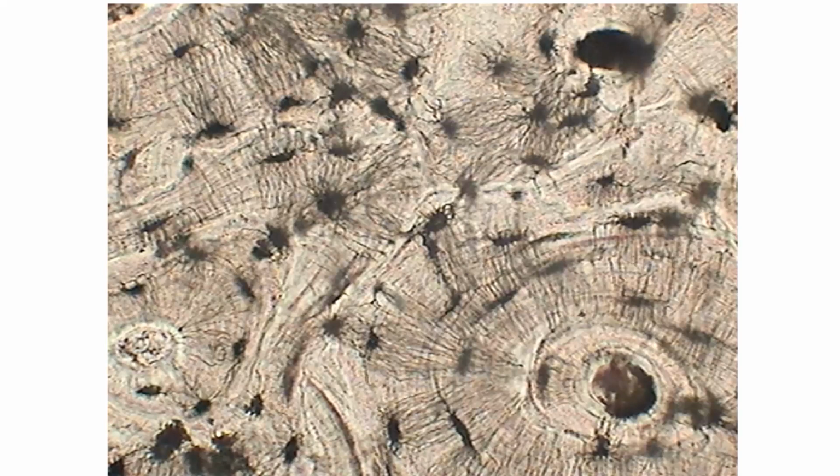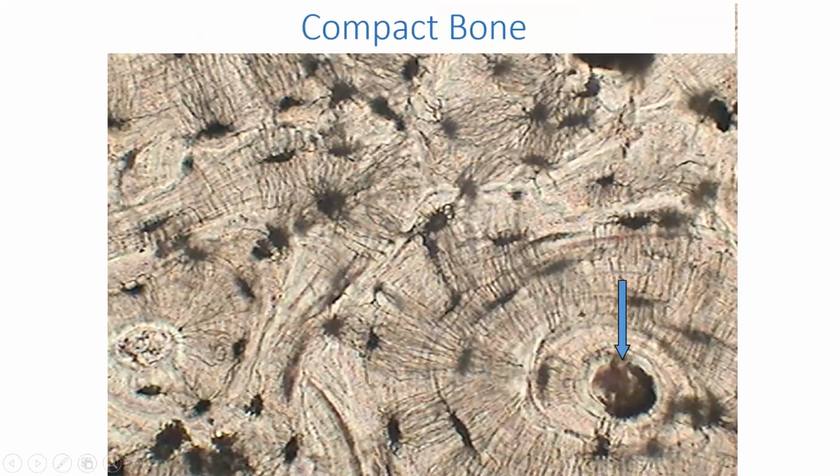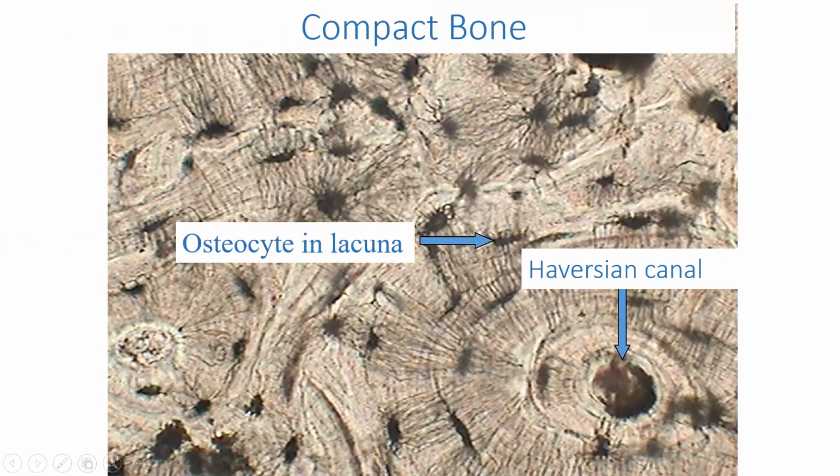Osteo is for bone. Osteoblasts lay down the bony matrix. And once they trap themselves in a bubble, the bubble is called the lacunae. And then we have the osteocytes inside the lacunae.